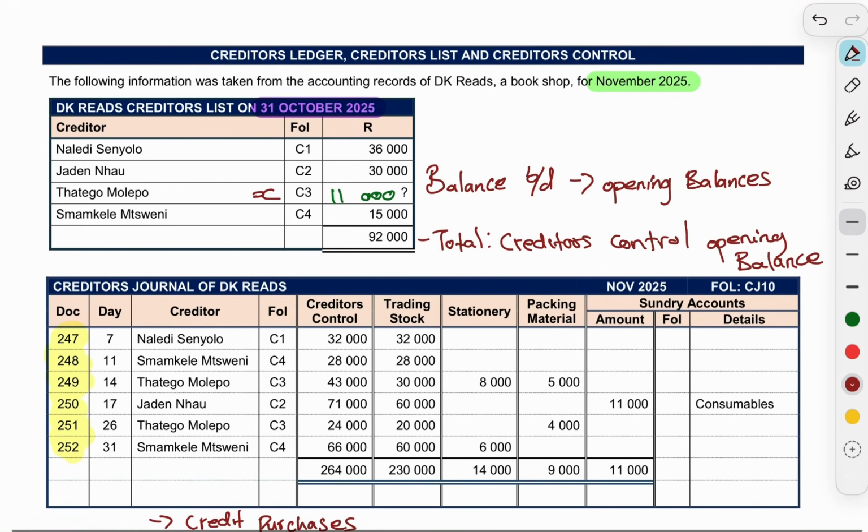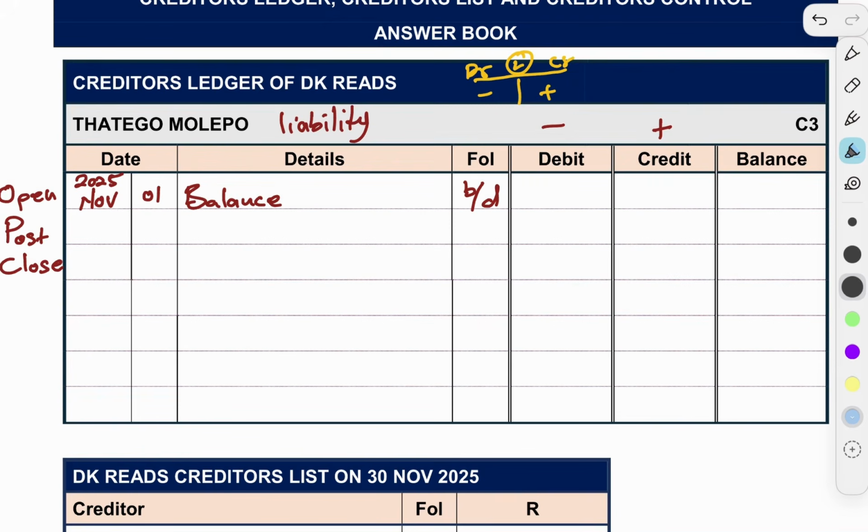Do we have the opening balance for Thategô Molepo? Yes, the opening balance for Thategô Molepo is 11,000, the one that we calculated earlier. So let's go and record that 11,000 under the creditors ledger for Thategô Molepo. So it's going to be 11,000 only under the balance column, because it is not a transaction, it's just a balance.